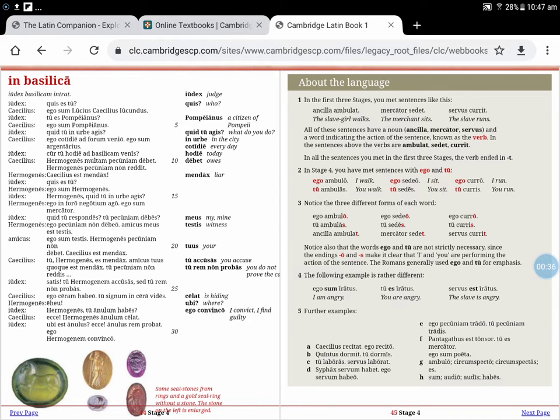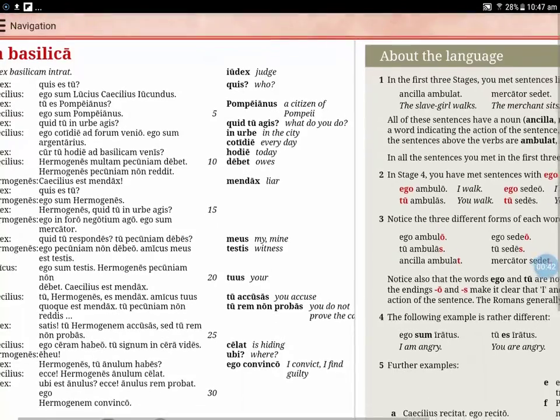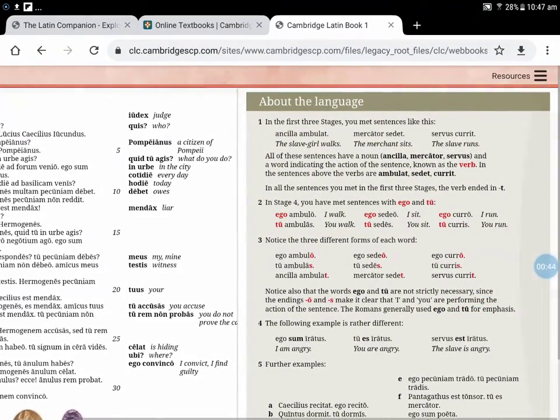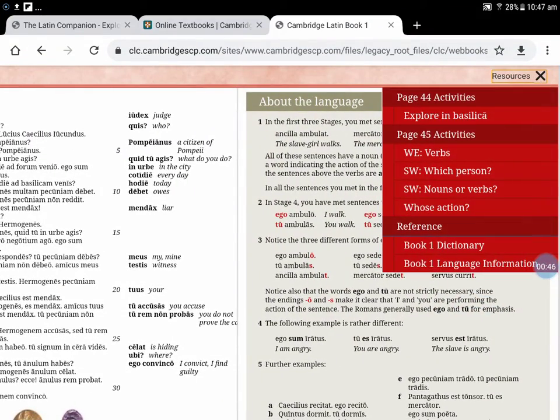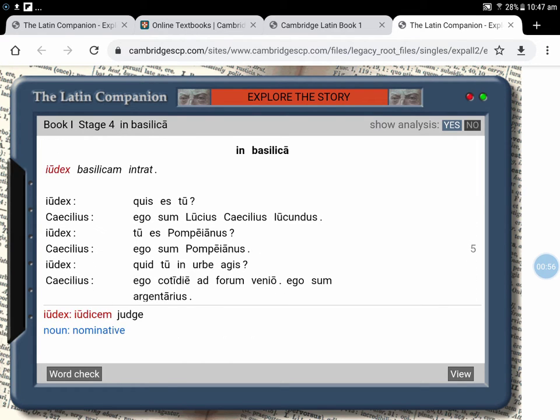So, in Basilica, I don't want to do it the old-fashioned way, looking at the vocab, looking things up in the back. I'm just going to go to resources and explore in Basilica. So, we're in court, the Iudex intrat the Basilicam.